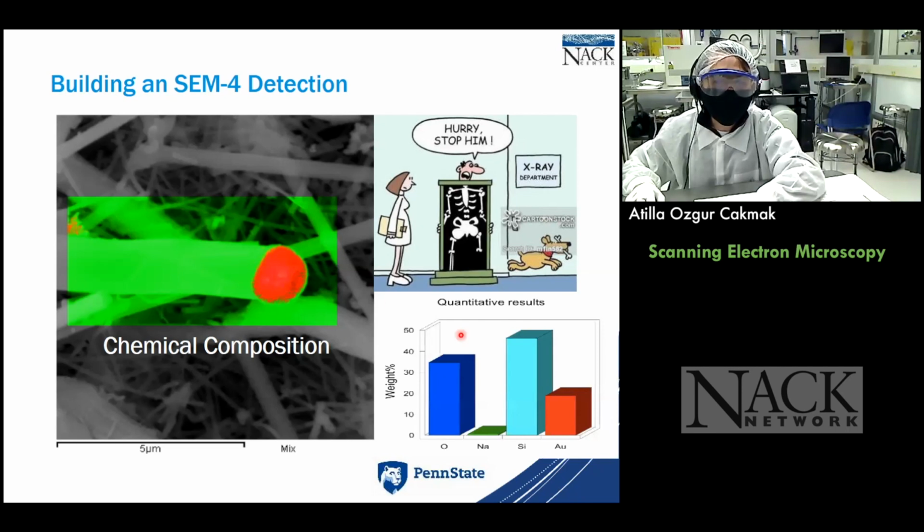And you can even understand, okay, in my sample, how much contamination do I have? This is a measurement that we did in our lab from the silicon nanowires. And you see that we have over 30% of oxygen. So that's a lot. That means our nanowires are contaminated.